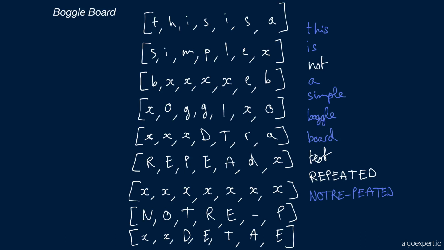So we can build a tree that's going to hold all of our words. And the reason that this should come to mind is that typically when you're dealing with a bunch of strings and you have to do some sort of string matching with regards to those strings, trees tend to come in handy.